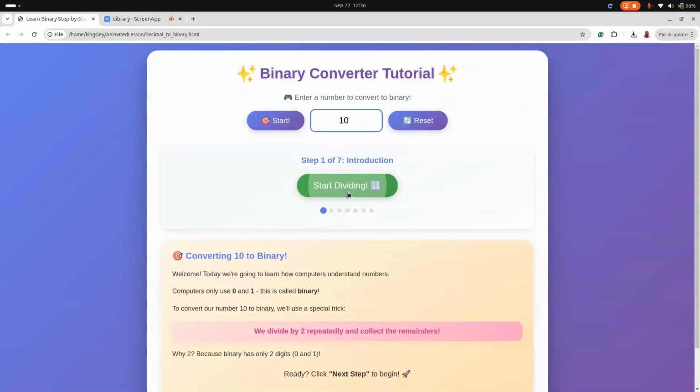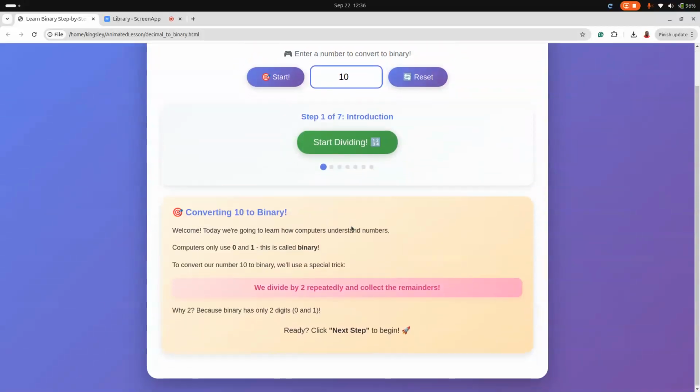Let's start dividing. The way this works is that you have to keep dividing the decimal number repeatedly until the quotient, which is the result, is 0.